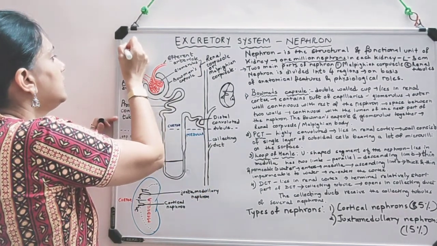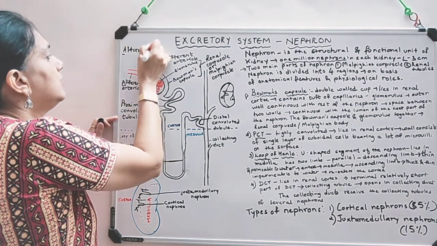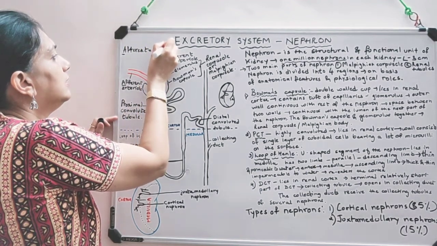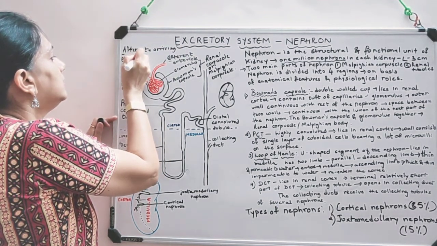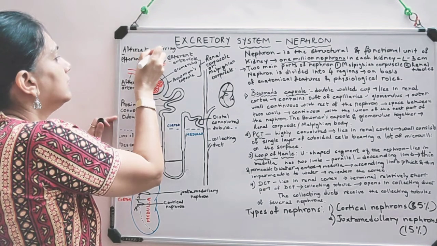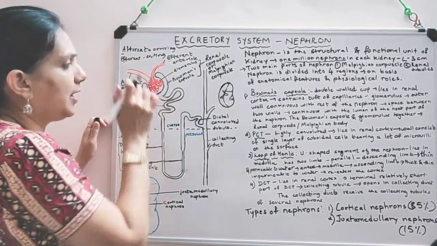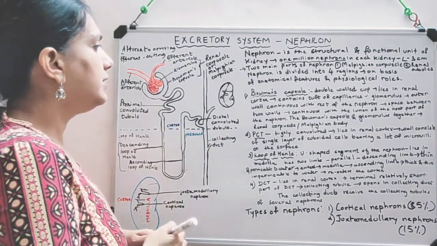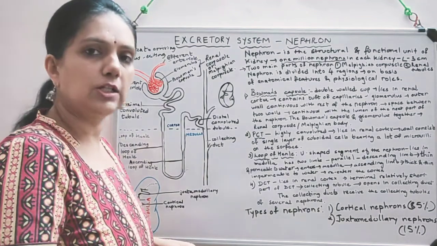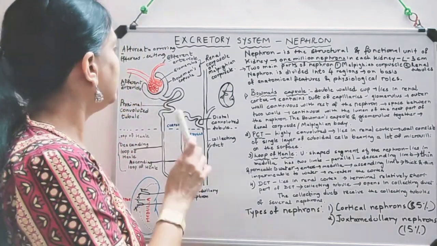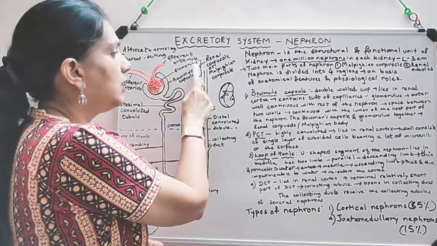If I write it over here, afferent, A equals arrival, arriving, and efferent is exiting, that is leaving. So what does the Bowman's capsule contain? It contains a tuft of capillaries, and that tuft of capillaries, this portion, is called glomerulus.